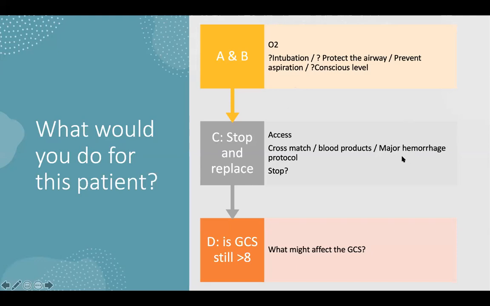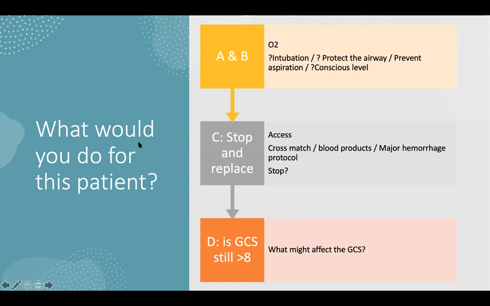In some hospitals, if the patient is very unwell and very unstable, you might activate the major hemorrhage protocol. This is one of the key words. You need to make the examiner aware that you know this word. We might need to activate the major hemorrhage protocol, and cross-match and some other blood products.